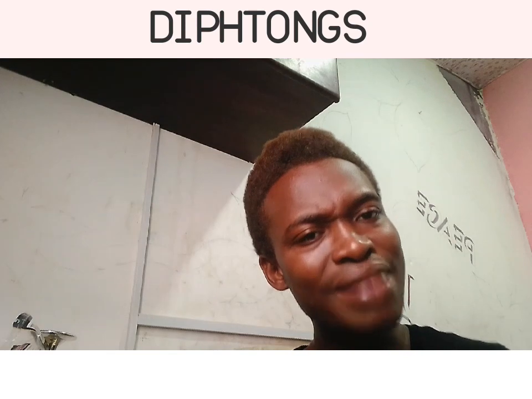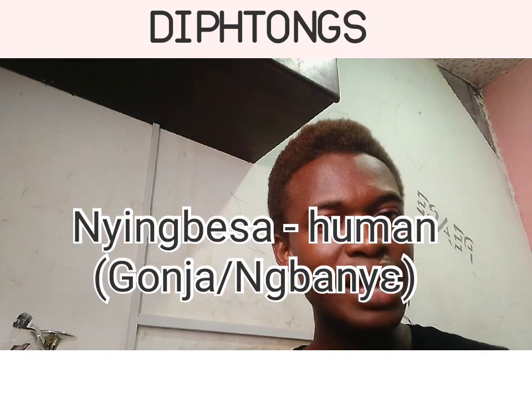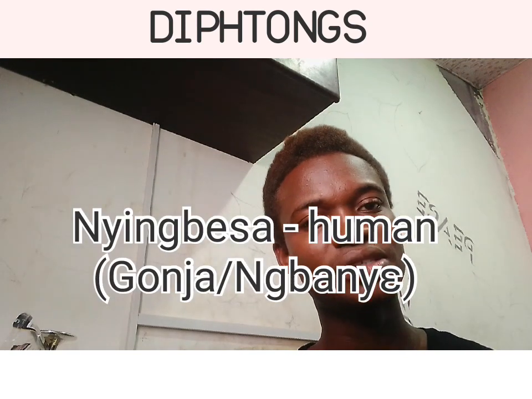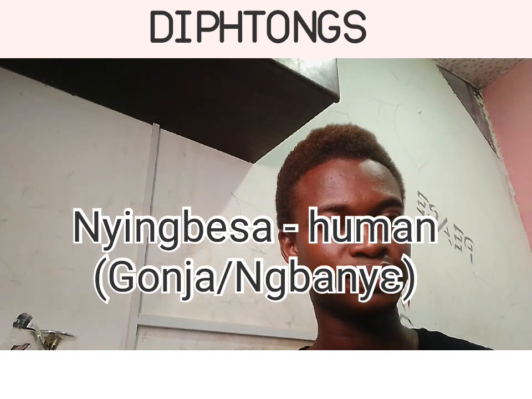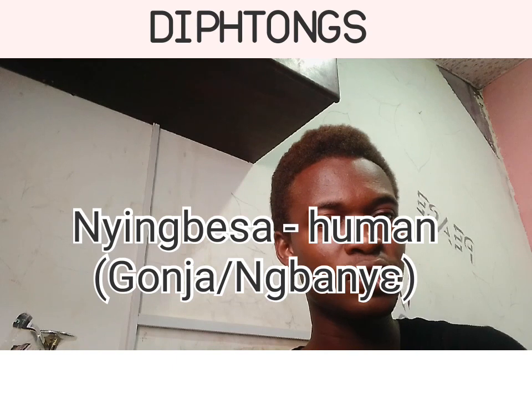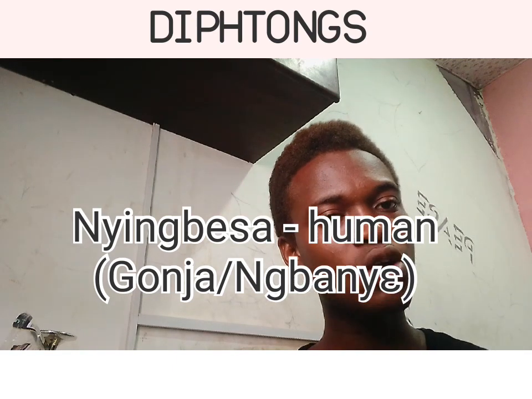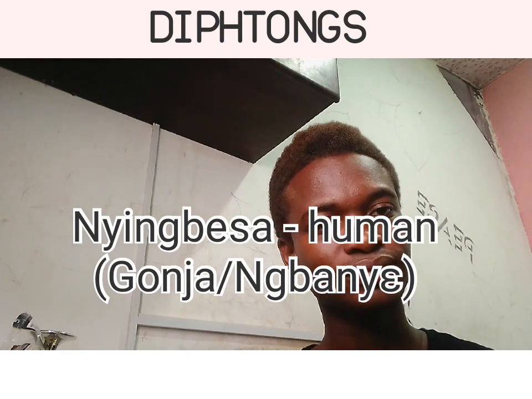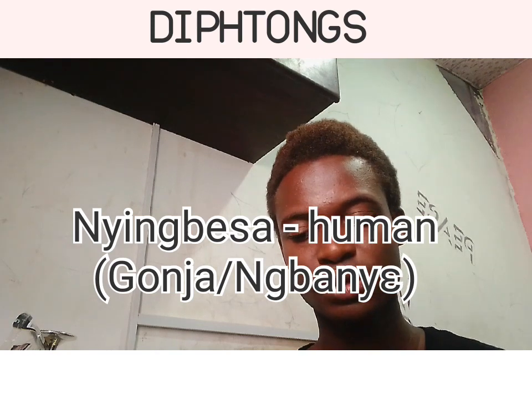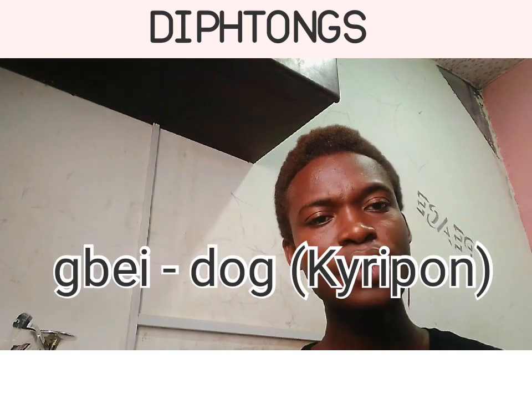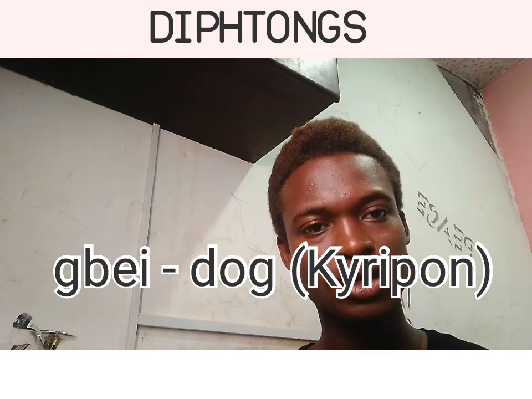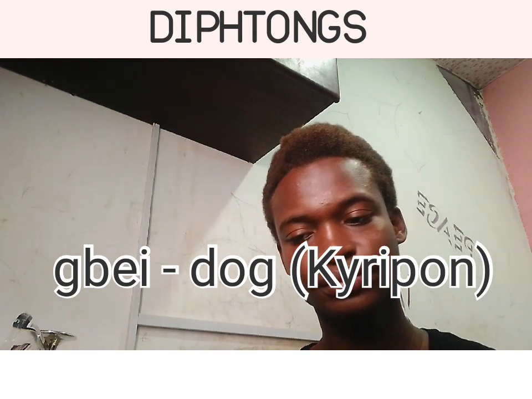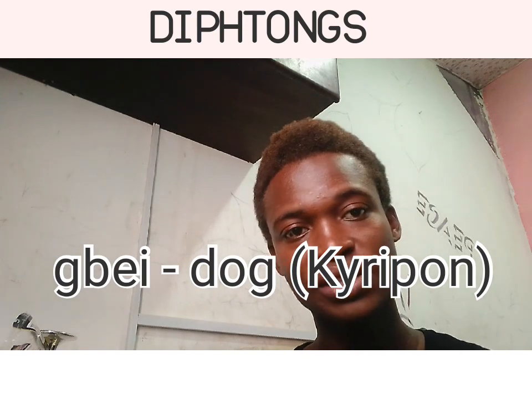And we have nyingbesa. Nyingbesa is human being in the Daboya dialect of Gonja, North Gonja, that's Daboya area. And then we have bay, and bay is dog in the Equiapim Chirepon language again.